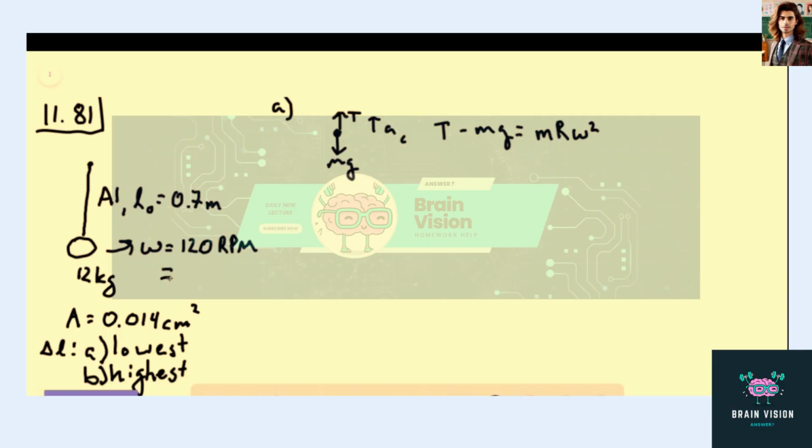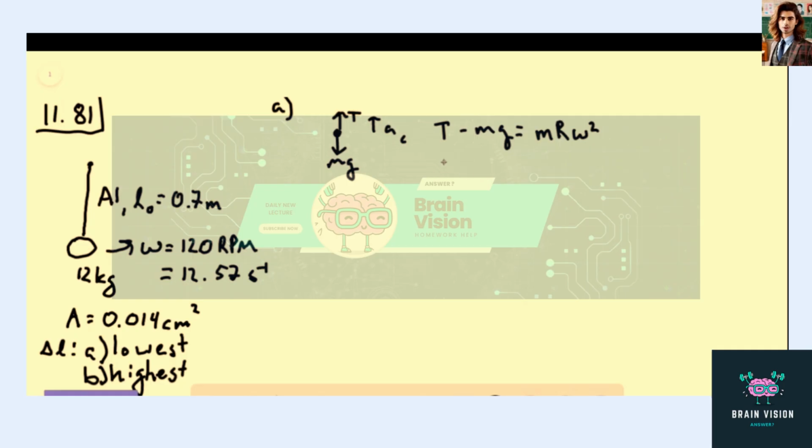Now, in order to actually get the right numbers, everything has to be in the right units. That's a fact of life. And this is not the right units for omega. Omega should be in radians per second. And it transpires that 120 RPM is 12.57 radians per second.